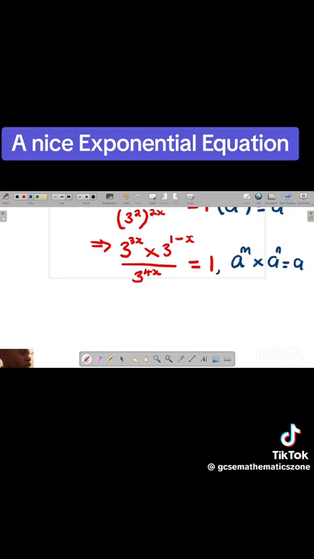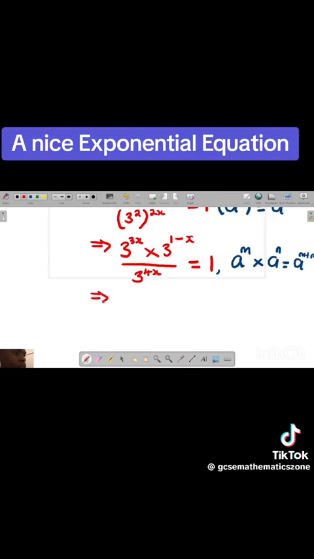If the bases are the same and are multiplying, then the powers will add. So we have m plus n. We are going to apply this on top here.